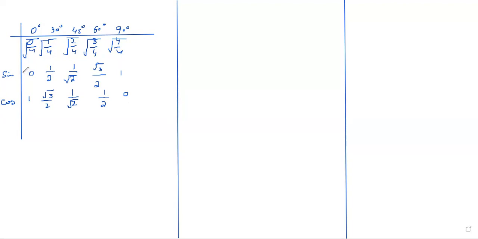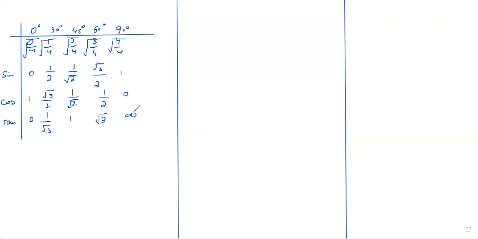Now divide, because we know from the previous lectures that sine theta over cosine theta equals tangent theta. We just divide these two. So tangent equals, 0 over 1 is 0. When you divide these two, the 2s will cut, so 1 over root 3 is the answer. These two are the same, so 1. Again the 2 got cancelled, we have root 3, and we cannot divide by 0, so this will be infinity.